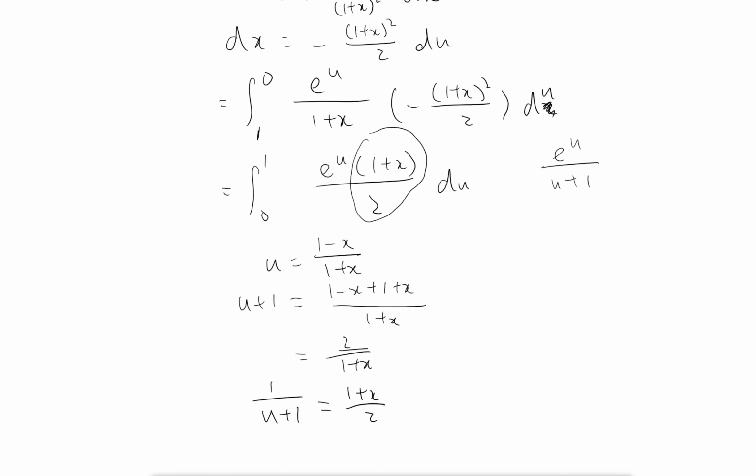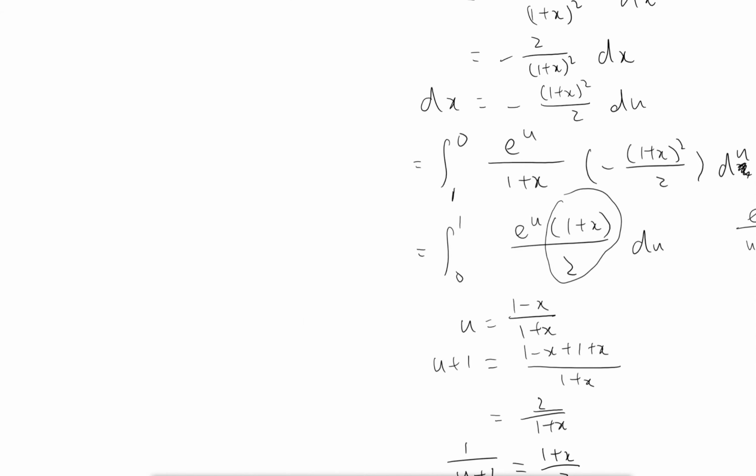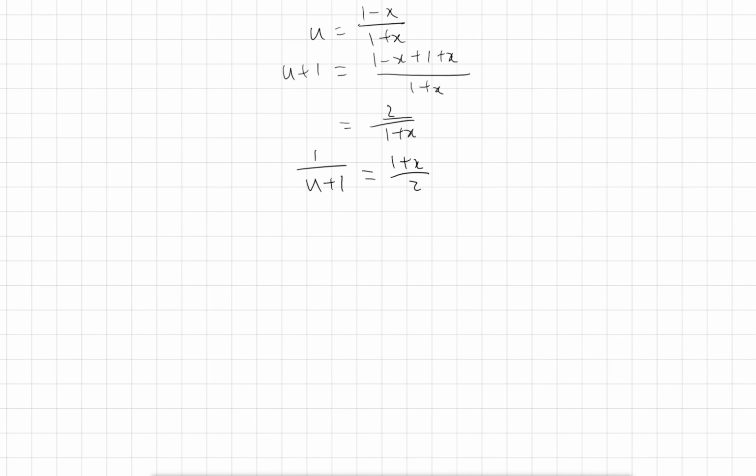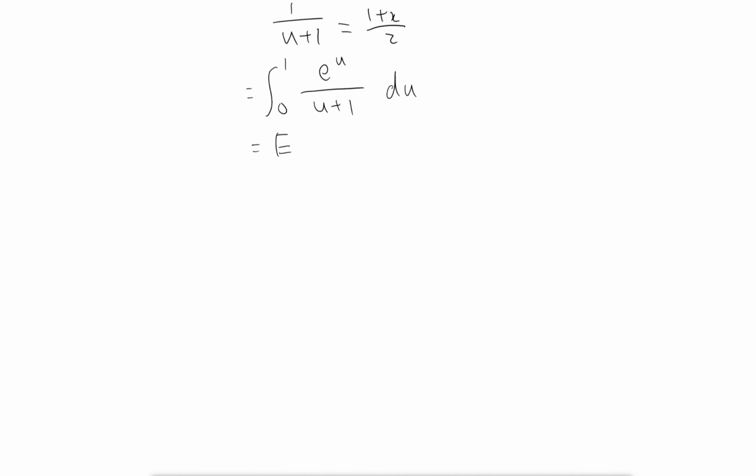So my integral becomes, going back here, the integral from 0 to 1 of e to the u over u plus 1 du, which is exactly big E itself.